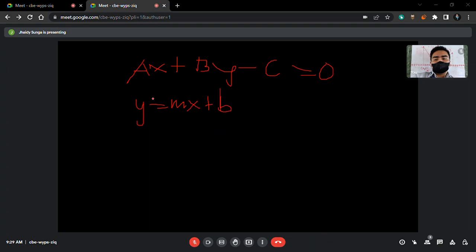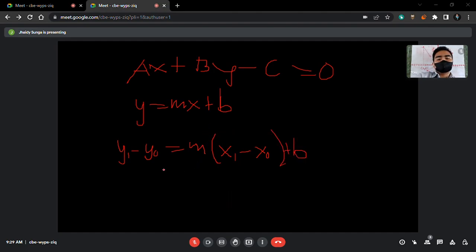But in other cases, they also use point intercept form, which is y sub 1 minus y sub 0 is equal to m times x sub 1 minus x sub 0, plus b.